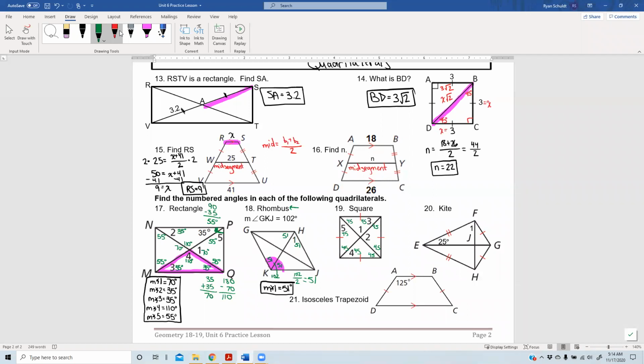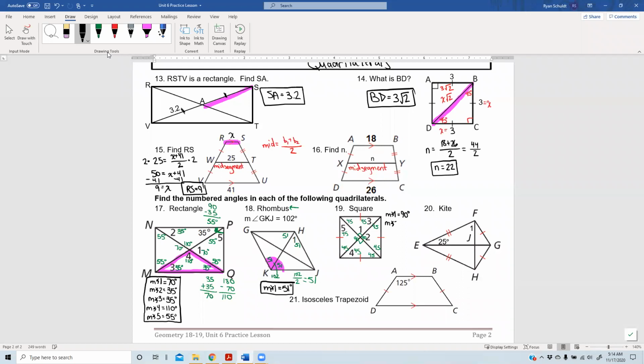Now, since a square is also a rhombus, that means the diagonals intersect at 90-degree angles. So 90, 90, 90, 90. They're all 90 in the middle. So we found all the angles. It was that quick. So the measure of angle 1 is 90 degrees.